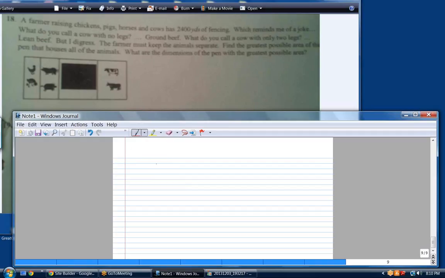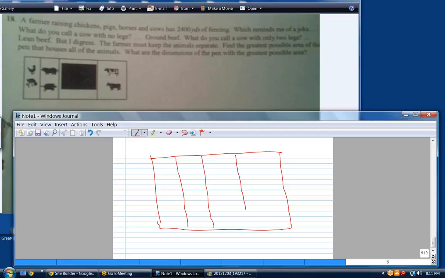Okay. So this is where our fencing goes. 4 different areas. Okay, so how should we proceed? Let the width be x.